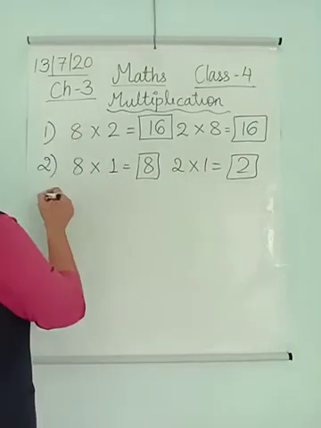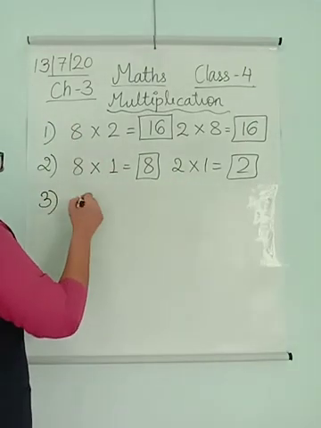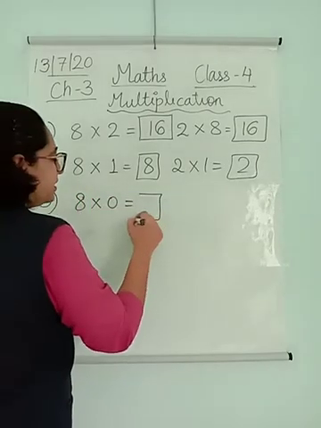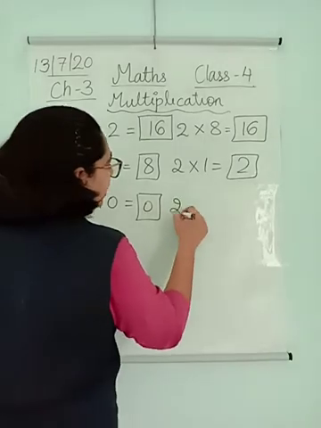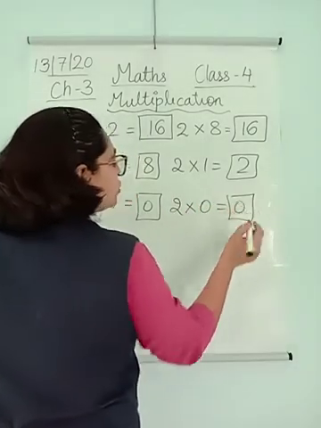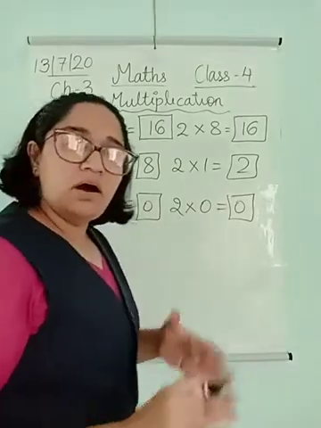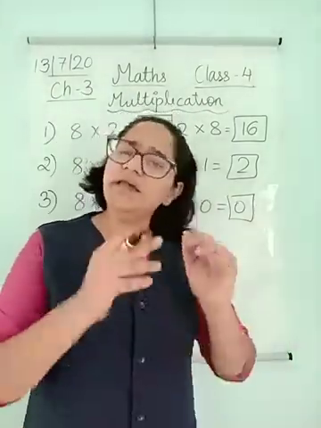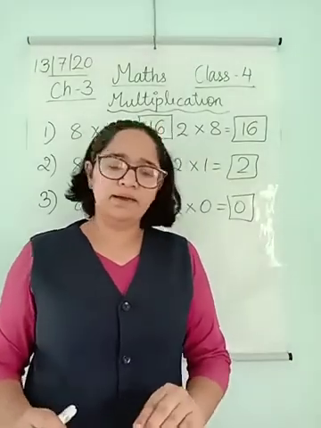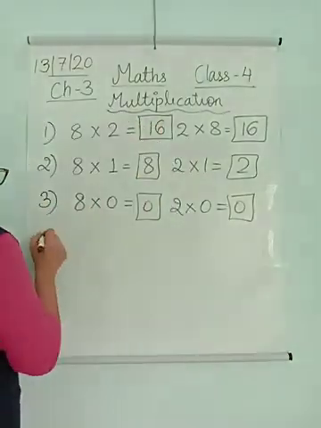The third property says, any number multiplied by 0 is 0. So 8 zeros are 0, 2 zeros are 0, 100 zeros are 0. Any number multiplied by 0 is 0.